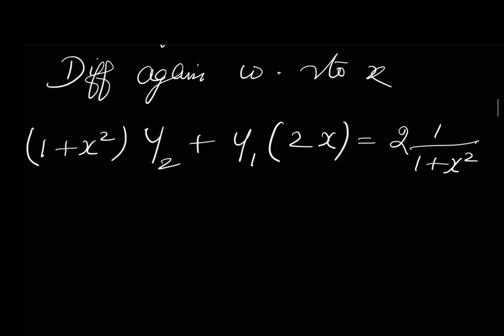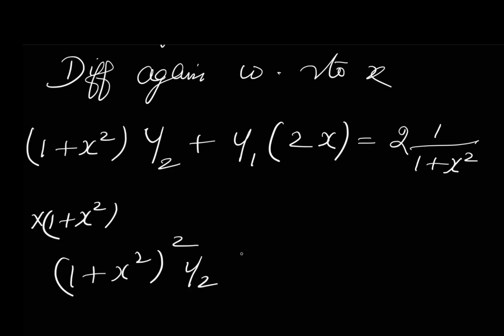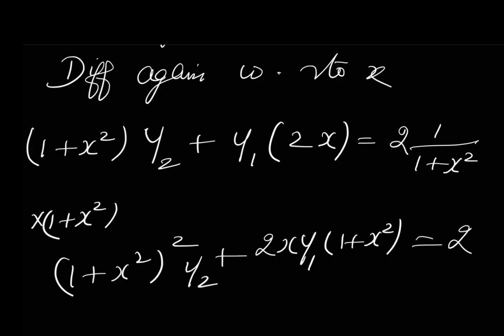So, we have to do the simplification. The right side has the fraction. What I do, I multiply all the terms by 1 plus x squared, the denominator term. So, 1 plus x squared the whole squared y2 plus 2x y1 into 1 plus x squared is equal to, this 1 plus x squared into 1 plus x squared cancel, you will get 2.